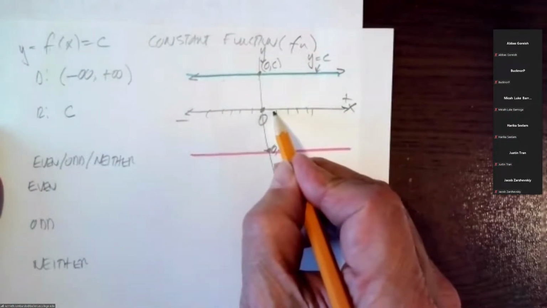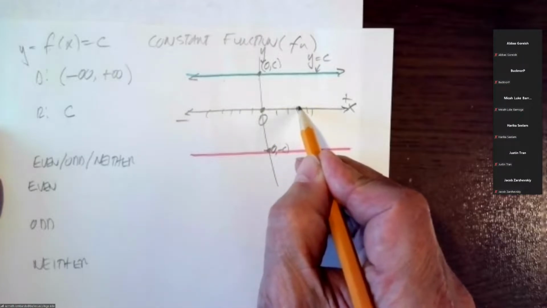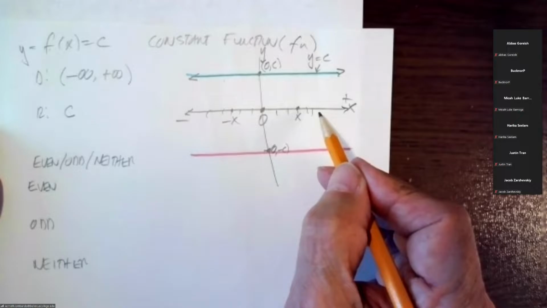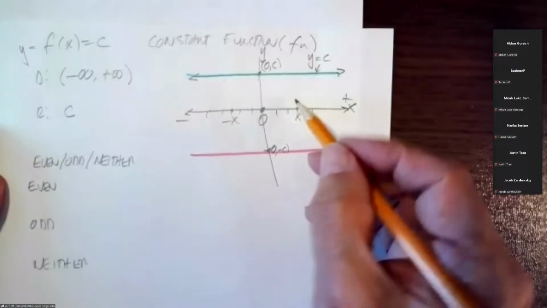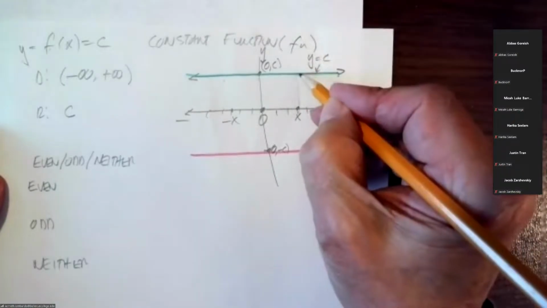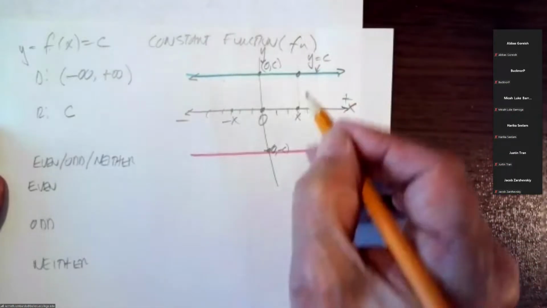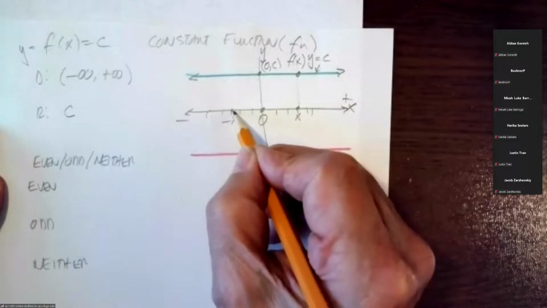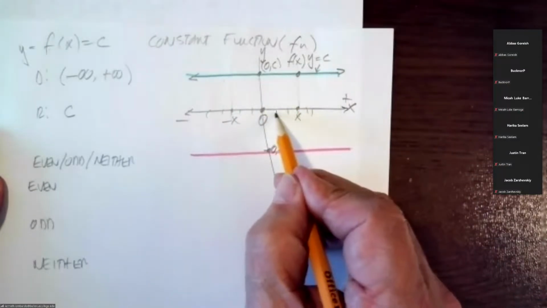If we have some value out here, x, let's say I have a value here, x, and out here a negative x. And at x, the value of this function is this value here, isn't it? So here's x, here's f evaluated at x. Here's negative x.